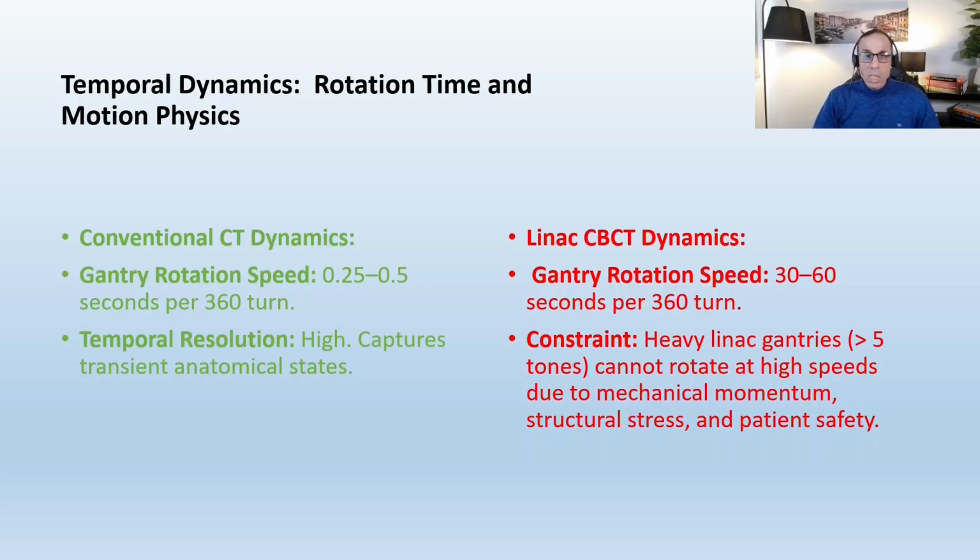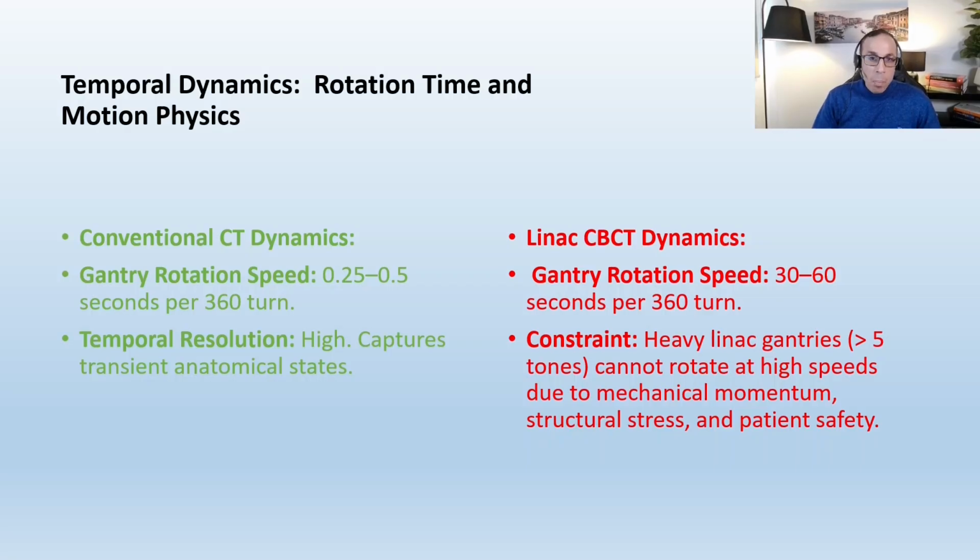A diagnostic CT gantry spins at incredible speed, completing a full rotation in a fraction of a second. It means half a second, or maybe 20% of a second. But in a Linac, however, we have something between 30 to 60 seconds for one rotation.